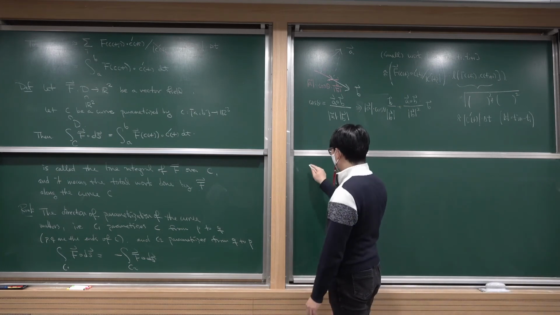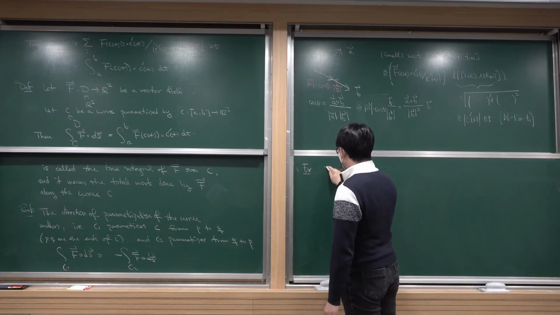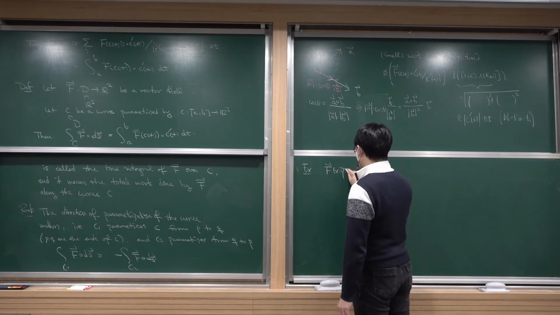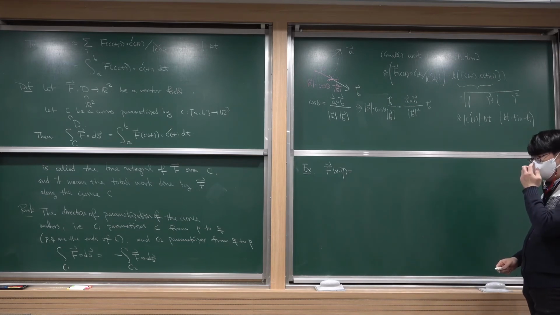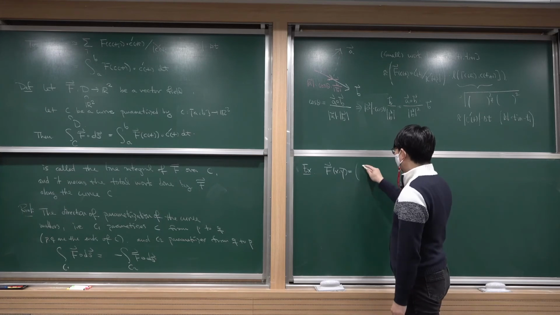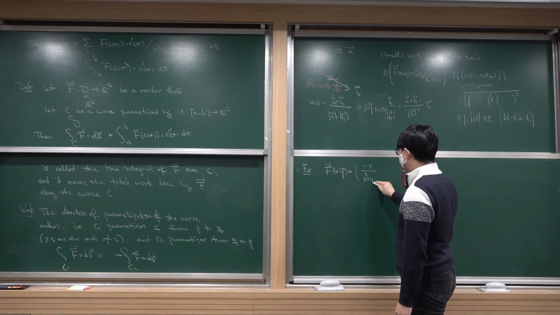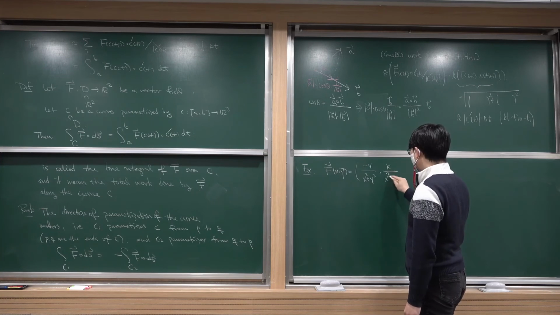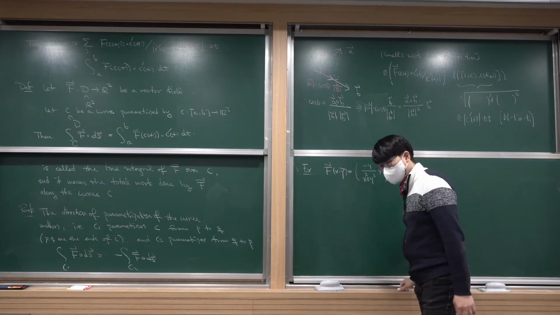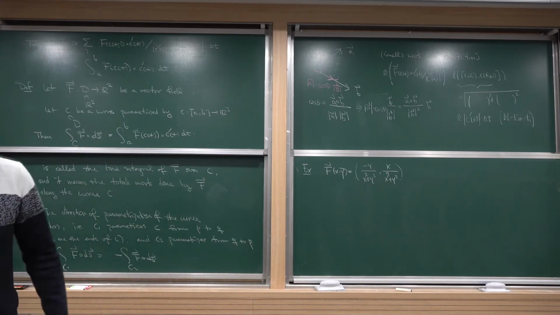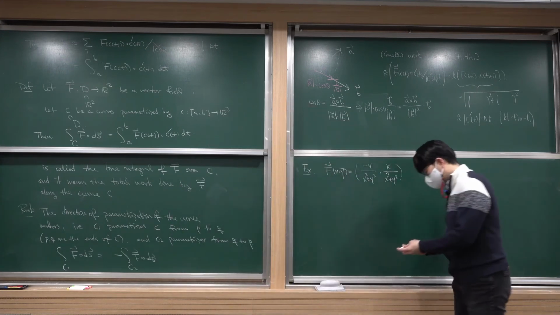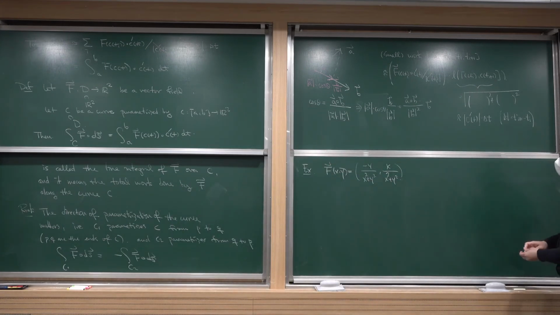So let's say f(x, y) is (-y, x) over (x squared plus y squared).